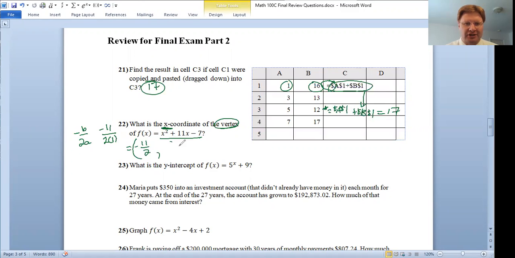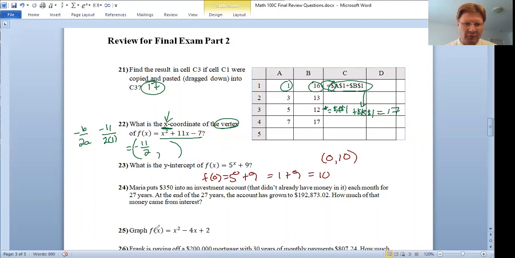They only asked us to get the x coordinate, so we're good with that one. All right. Number 22, what is the y-intercept of this function? Y-intercept is when we stick in 0 for x, so that's 5 to the 0 plus 9. That's 1 plus 9 is 10. So it's (0, 10) is the y-intercept.